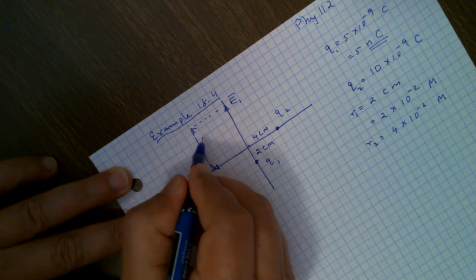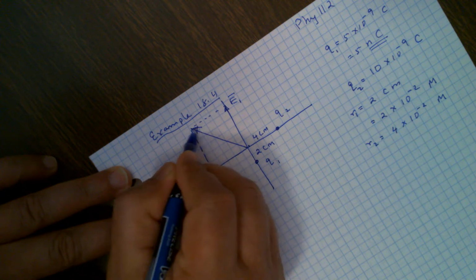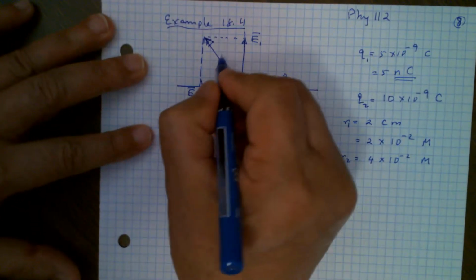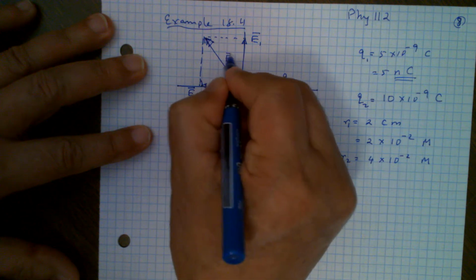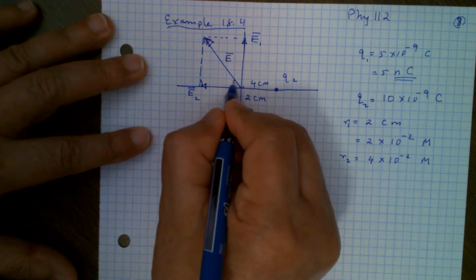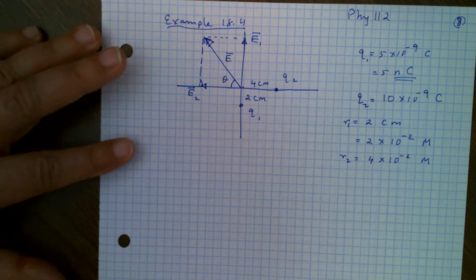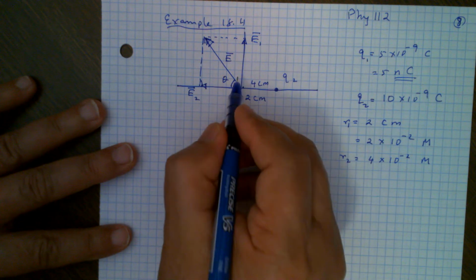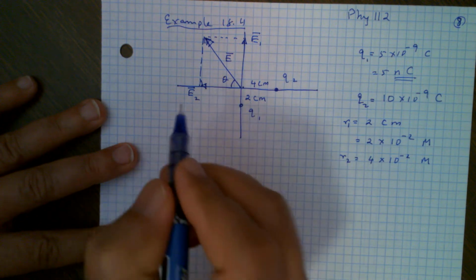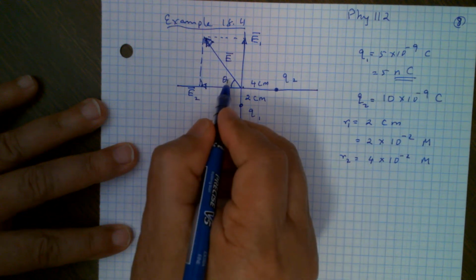So then it'll go from here, origin to there, right? So that will be your resultant vector E. What we want is the magnitude of this vector E and the angle that it makes with the x-axis. Okay, actually it doesn't matter which one you want, this or this, right? As long as you get one angle, that's fine, but usually we give this one.